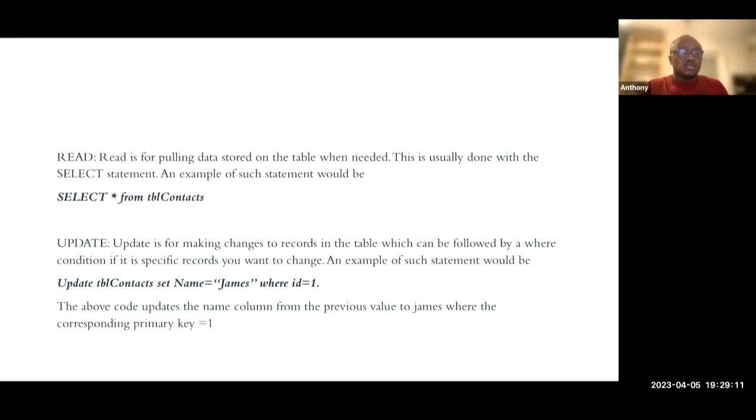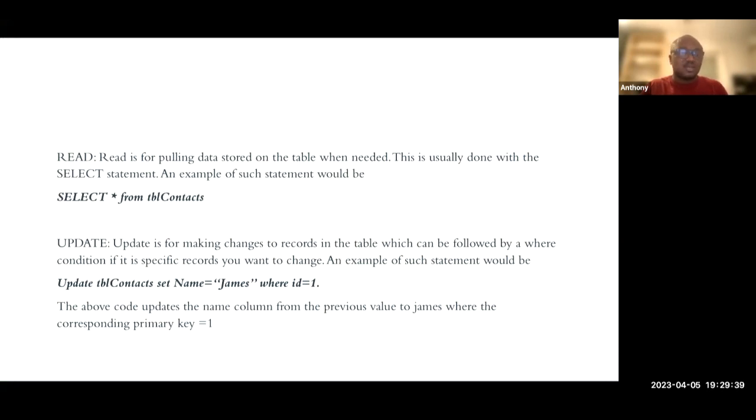So this "all" is a star, select star from TBL contacts. When I run this code, it says, hey, please get everything for me on that particular table, everything that has been stored from inception.